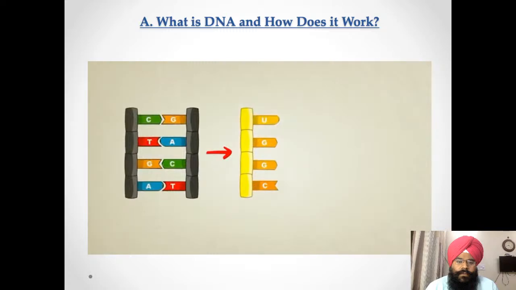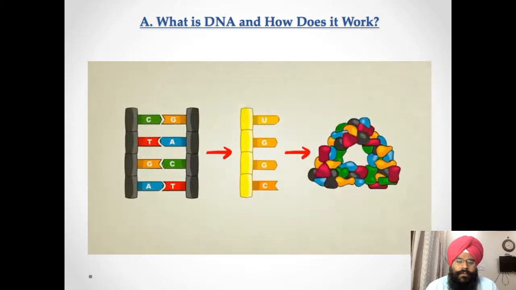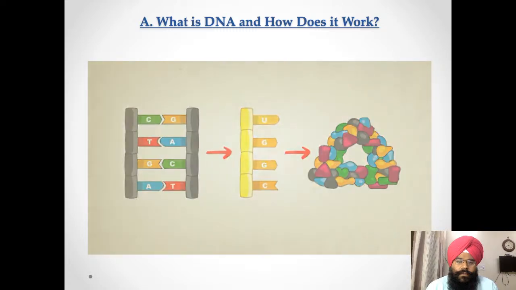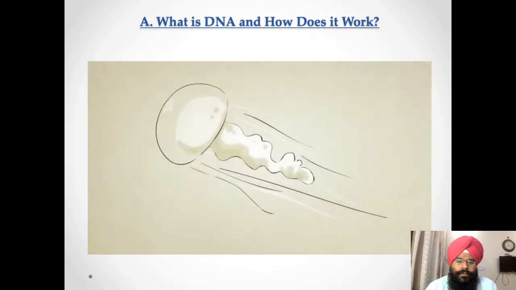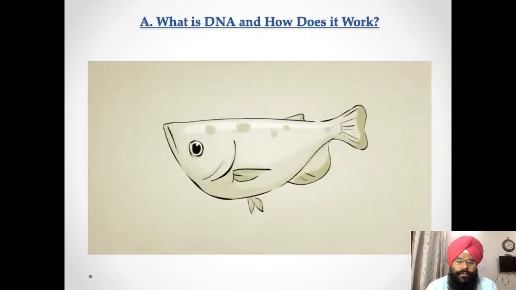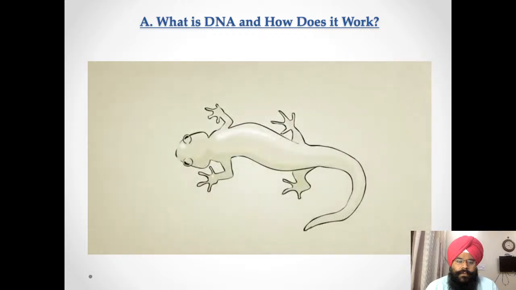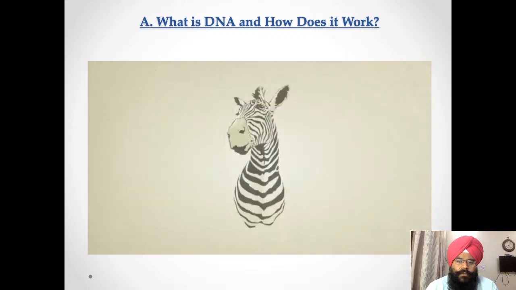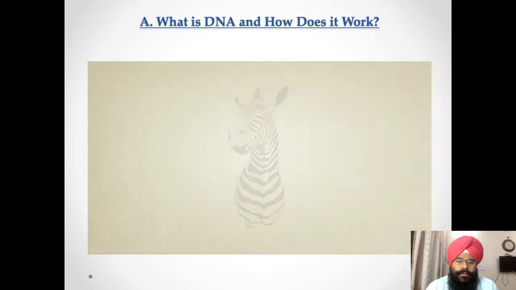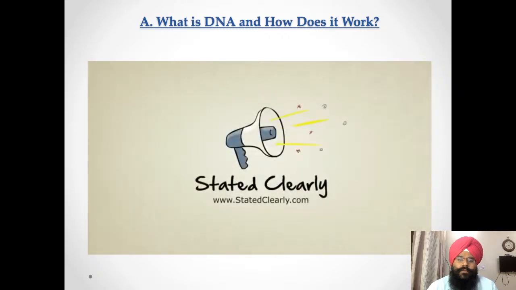DNA creates RNA, RNA creates protein, proteins go on to form life. This entire process, as complicated, as sophisticated, as magical as it might seem, is entirely based in chemistry. It can be studied, it can be understood. I'm John Perry, and that's DNA stated clearly.